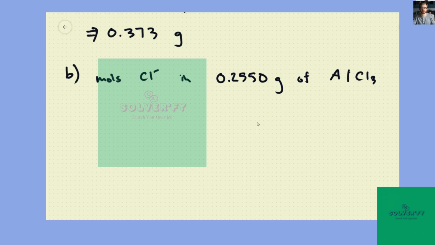Molar mass of aluminum is 26.98, and there's one of them, plus 3 times 35.45 for the chlorine. 26.98 plus 3 times 35.45 is 133.33 grams per mole.